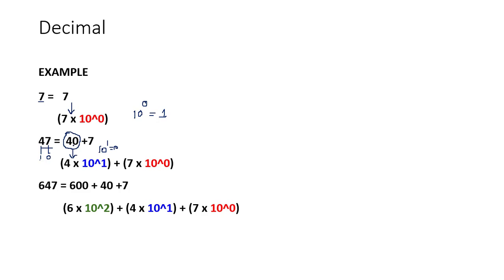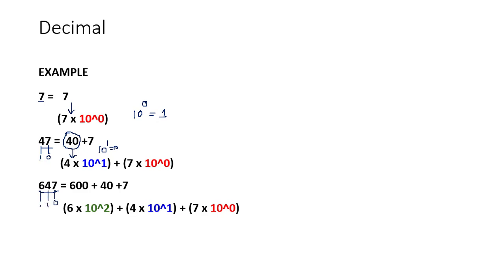Please understand, this is very basic. For example, let's say one more example. 647 is given to you. Can you expand it so that it would be in multiples of 10, with a remaining number? So let's say 600 plus 40 plus 7. Now you can see here 7, the position is 0th. This is 1.